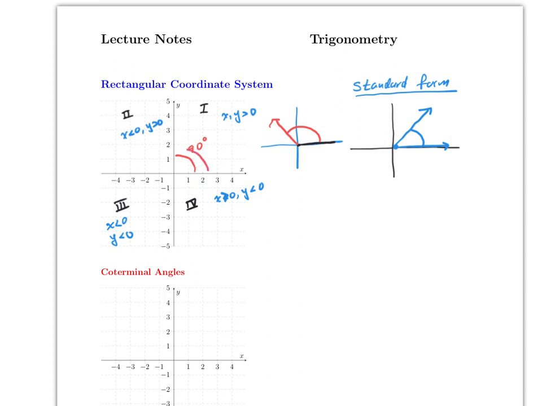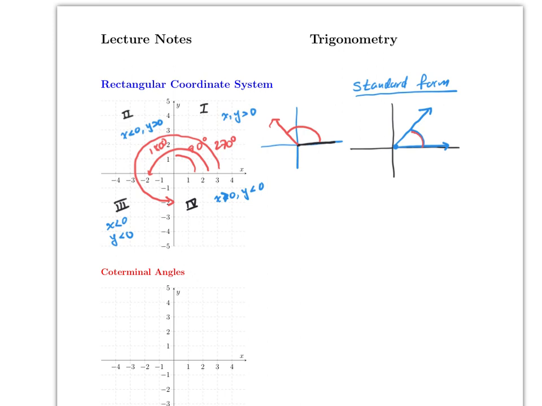From here to here is 180. And then from here to here is 270. And you go all the way around, obviously, is 360.